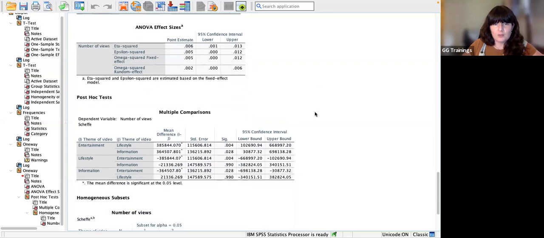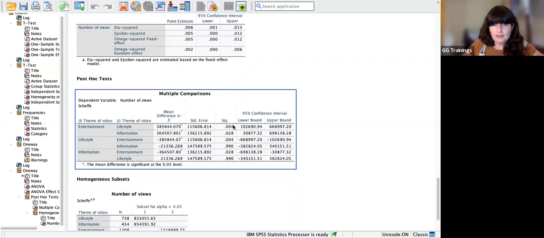So if we move down to our multiple comparisons, we look at our p-values. Okay, the very first one was significant, 0.004. So that was entertainment versus lifestyle. The mean difference you can see is positive, right? That means that entertainment gets significantly more views on average when compared to lifestyle videos.